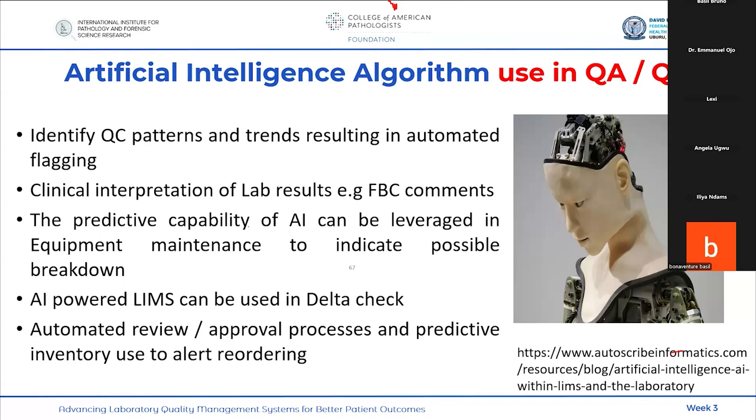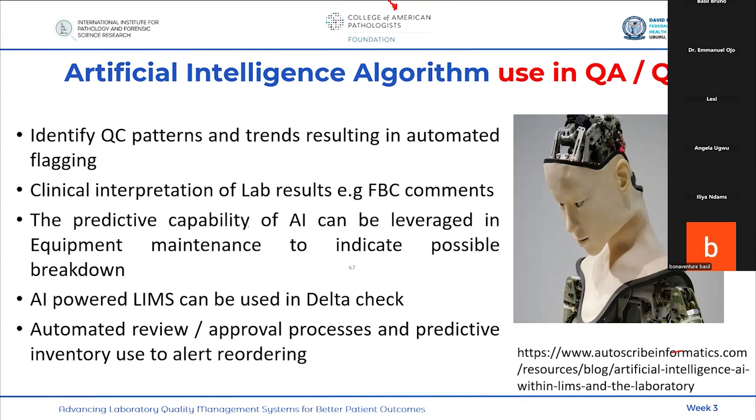You need a hematologist to look at the film and report findings for the use of the clinician. But these LIMS, the AI-powered LIMS, have been programmed in such a way that, looking at the data generated and based on previous readings, and when we talk about previous readings, we're talking about previous reading data that has been generated by a human being.